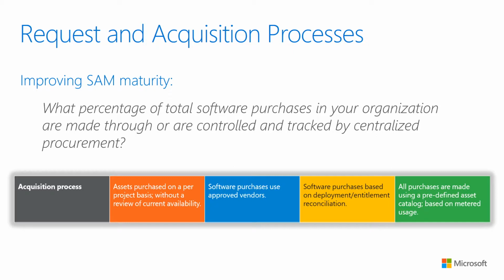So the organisation knows what it's got deployed and knows that it has licenses for the deployed software. But as ever, we're striving for the dynamic level ultimately, where processes are in place so that there is a predefined asset catalogue that all purchases are made from, and licenses are required based on metered usage, so that there is less waste in the organisation and we start to see some significant cost savings.